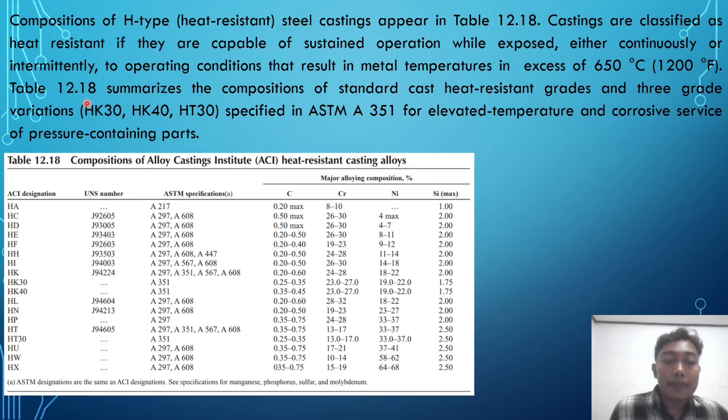Table 12.18 summarizes the composition of standard cast heat resistant grades: HK30, HK40, HT30. The specification is ASTM A297 for elevated temperature and corrosion service of pressure containing parts.